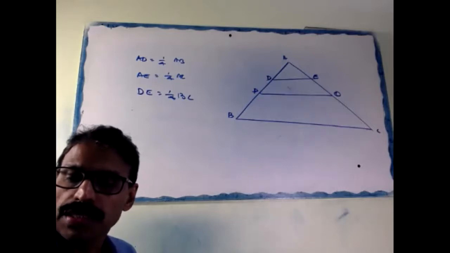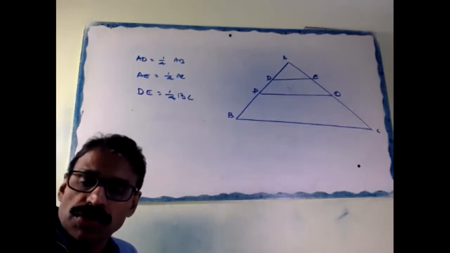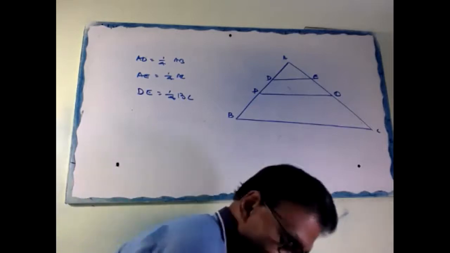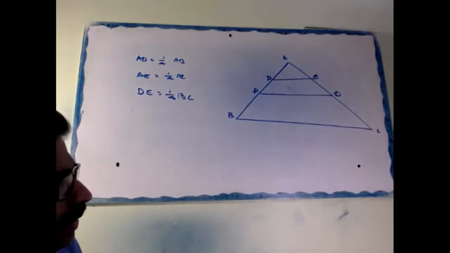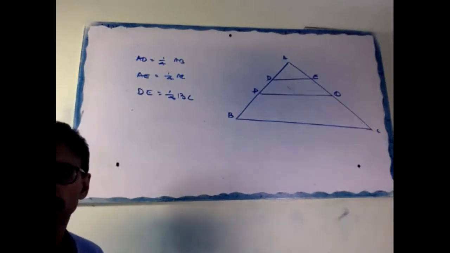Okay, I'll send it. I'm recording now. Listen, Sham, Santosh, we already did this one for you. Okay, the construction is what? Mark P the midpoint of AB and Q the midpoint of AC, join PQ. That is the construction. Clear?